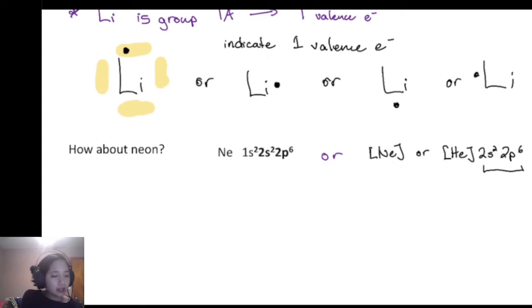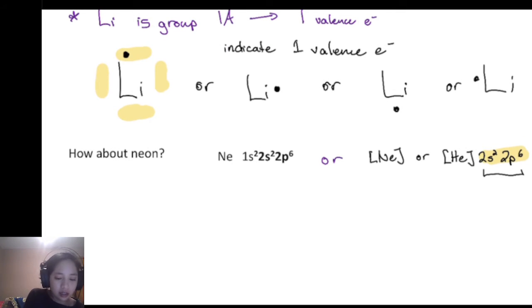So you could also write it like this. So we could consider that these 2p6 electrons are its valence shell. That these are the outermost electrons, because even though neon is a noble gas configuration, its outermost electrons will be these electrons that are in the n equals 2 principal quantum number.